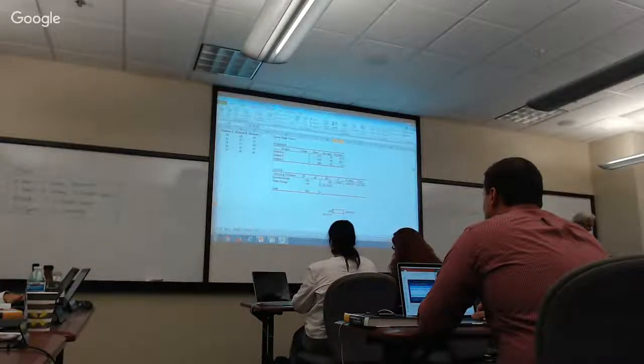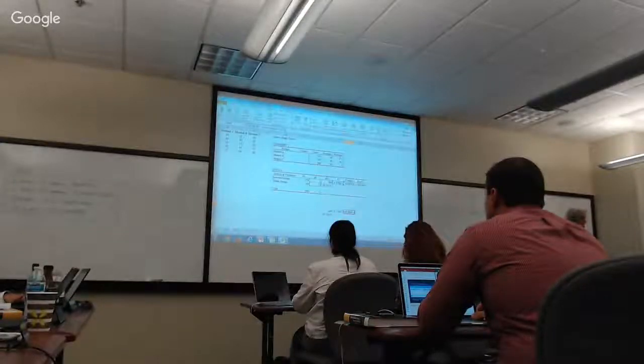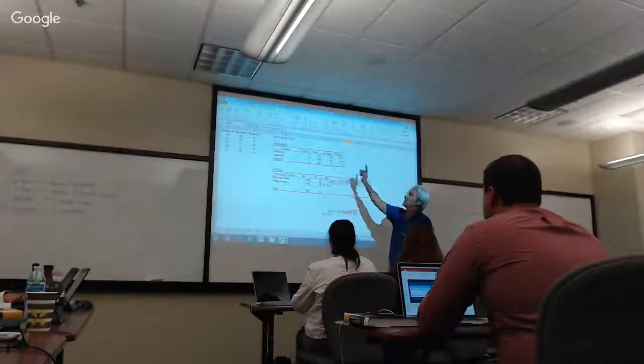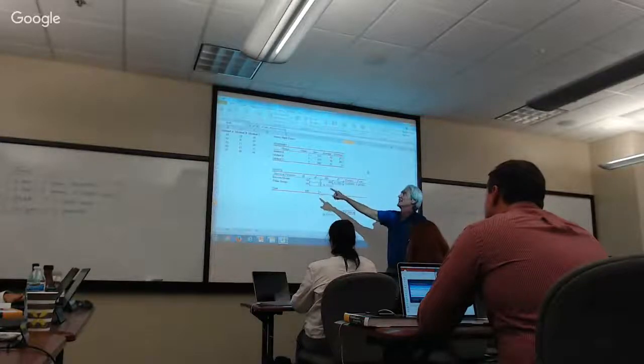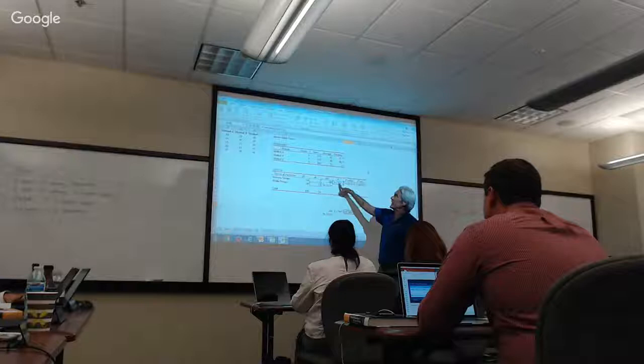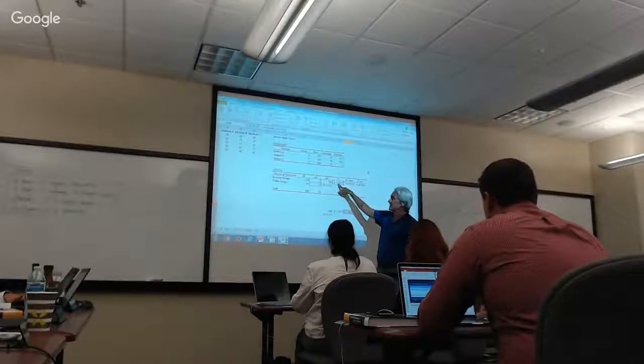Right? And how did I get the p-value? That one I had to look up. Okay? And again, how did I look it up? Well, there's an F.DIST.RT, the F distribution right tail. And I just filled in the parameters. I gave it the F statistic.